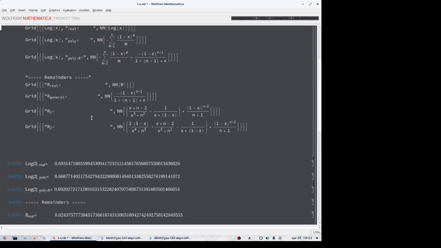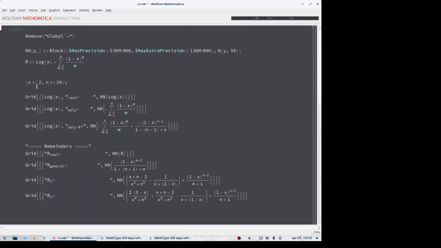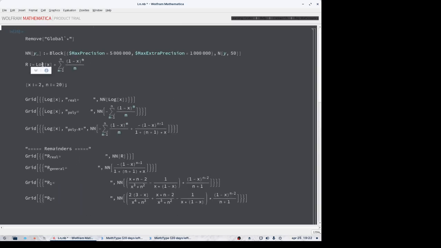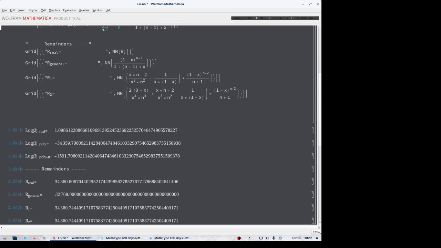So I think the single value for which this Taylor formula is good for approximating the logarithm is the number 2, because here if you plug in 3, the logarithm of 3, this should be the original value, but the polynomial will compute a very wrong value.